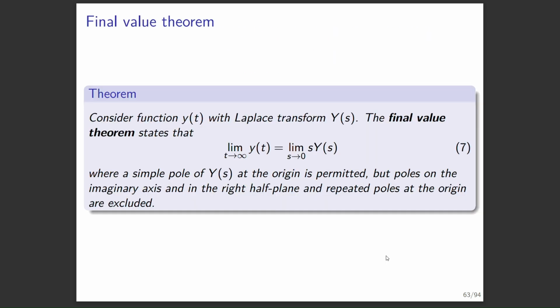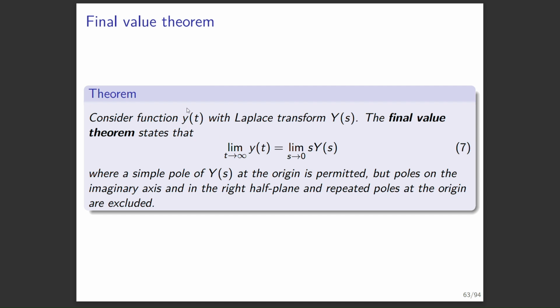So what we study today is final value theorem. You have studied final value theorem in other courses. It's a math equation. It has nothing to directly do with controls, but we use it here in systems and controls. What final value theorem says is that, consider a function of time, or a mathematical function, which has Laplace transform Y(s).